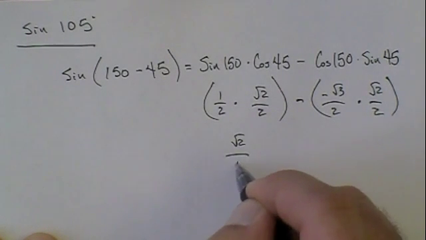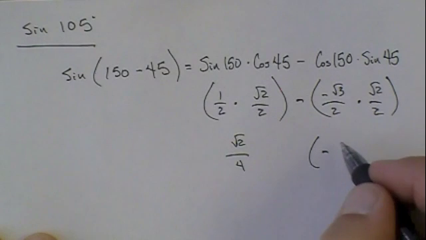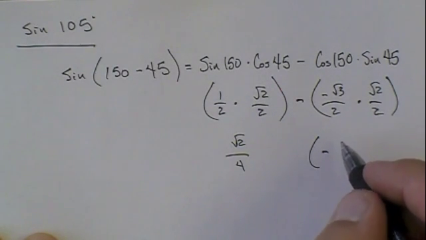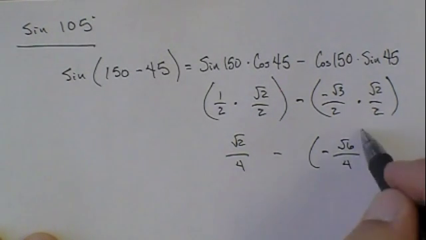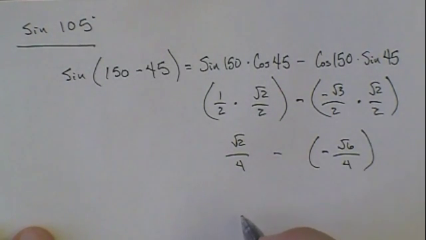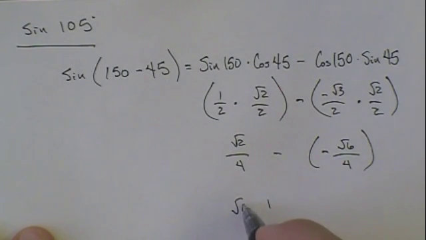Again, we have square root of 2 over 4 here, and we end up with a negative square root of 6 over 4, and we're subtracting these. So now we end up with square root of 2 minus the negative, I wrote that wrong, square root of 2 plus square root of 6, all over 4.